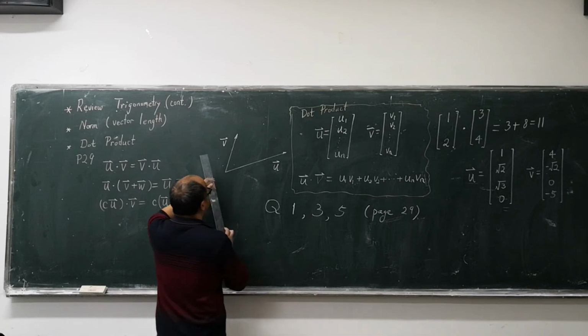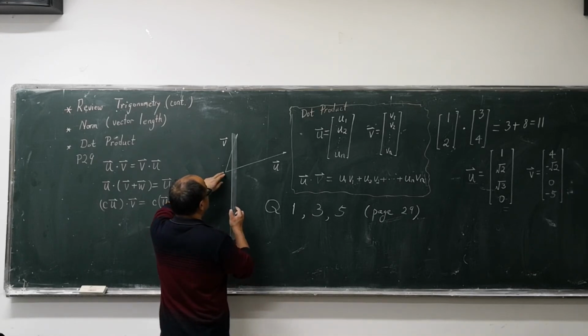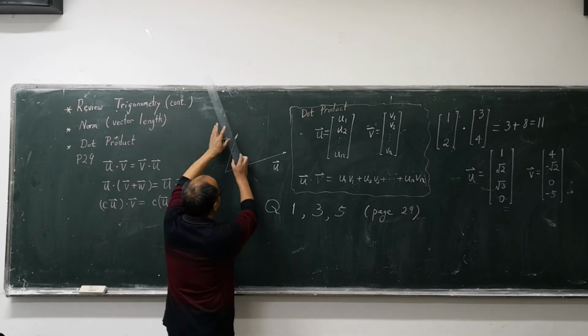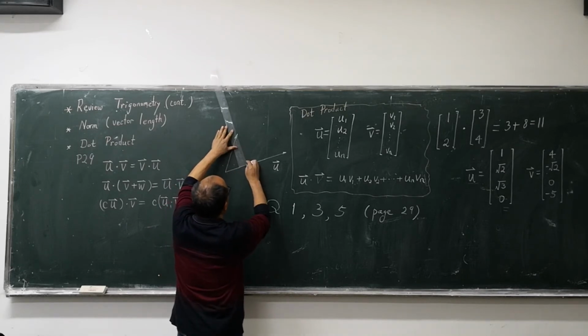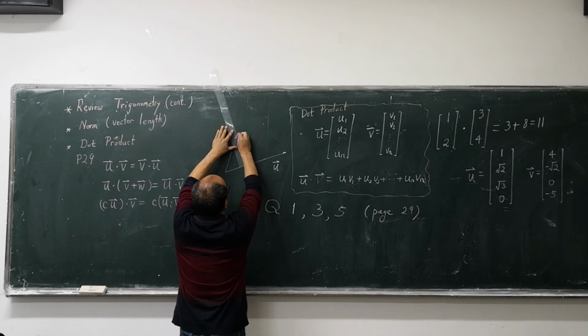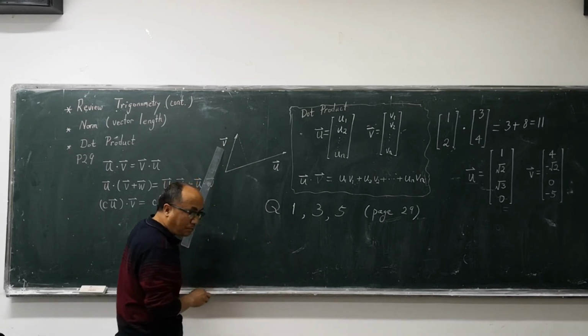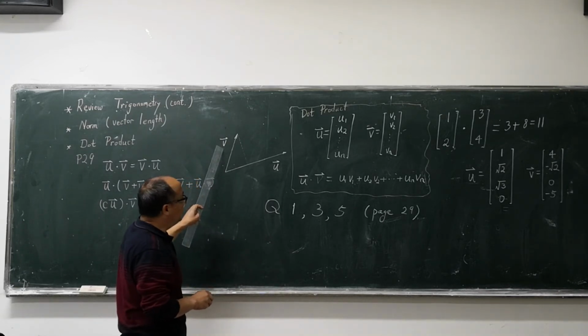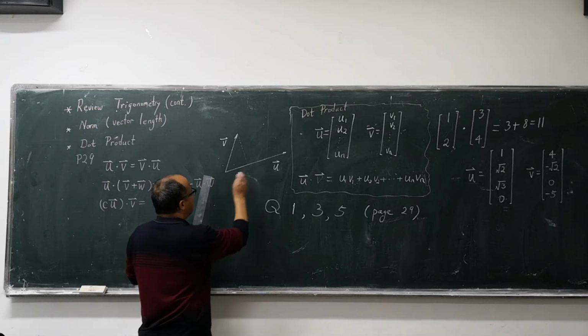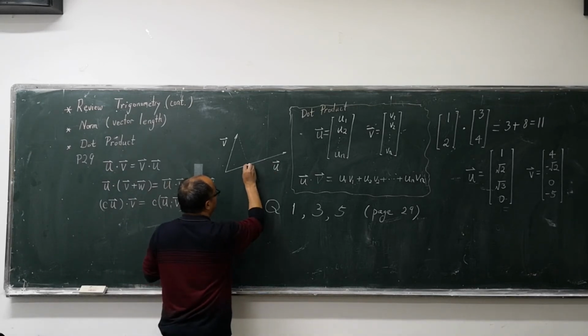is this one. We disassemble this vector into two parts. One part is in this direction.